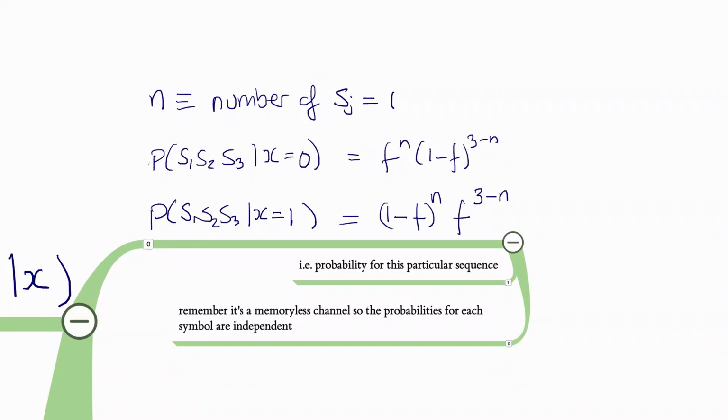For example, given that x is equal to 0, the probability that we see n ones in this string will be the probability that n ones got flipped, with probability f, since it started off all zeros, and 3 minus n with probability 1 minus f that didn't get flipped. Conversely, if x equals 1, the probability that we see n ones is going to be: n of them must not have flipped, times 3 minus n have flipped.